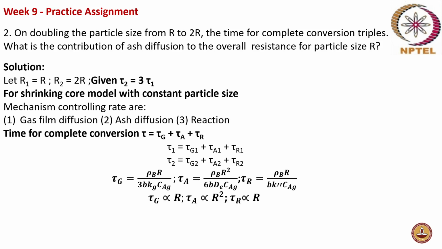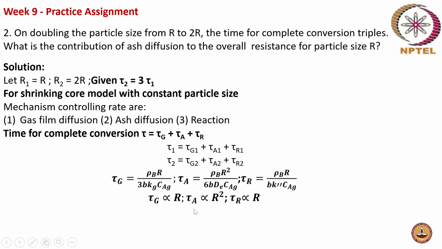From these expressions for complete conversion when gas film controls, when ash diffusion controls and when reaction controls, we can find their relationship with the particle size. Complete conversion time for gas film control is proportional to R. From this expression we can find it out.